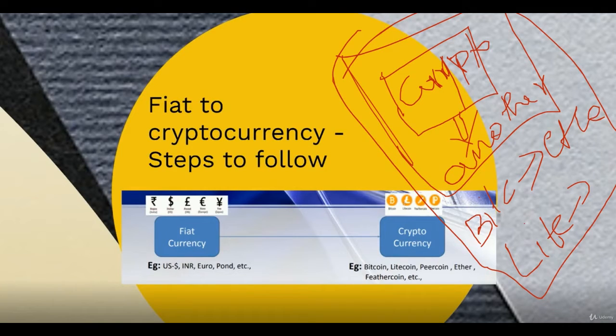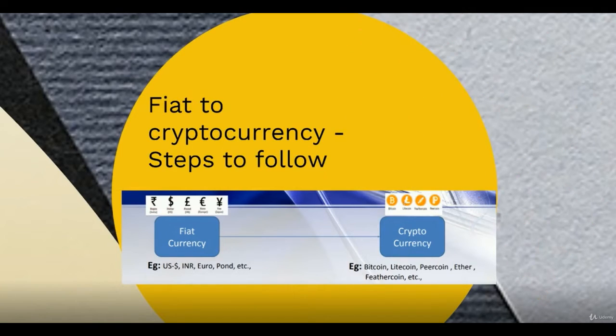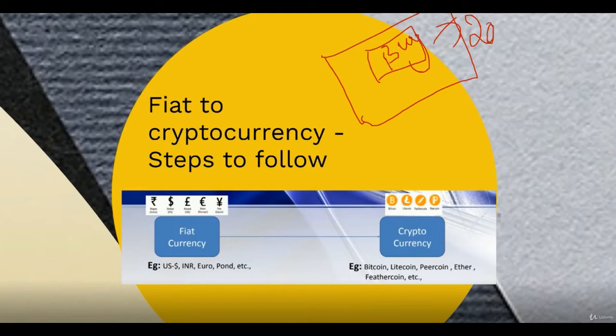Or you can have a fiat currency to cryptocurrency transaction, which means if a person wants to buy, say, 20 bitcoins, you can have the wallet and integrate it with payment gateways.